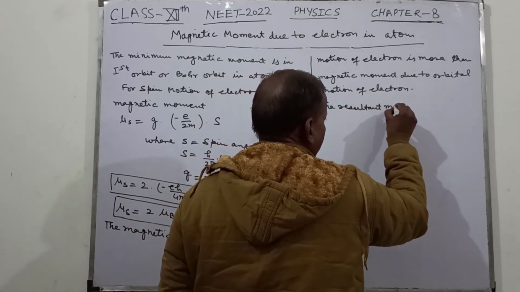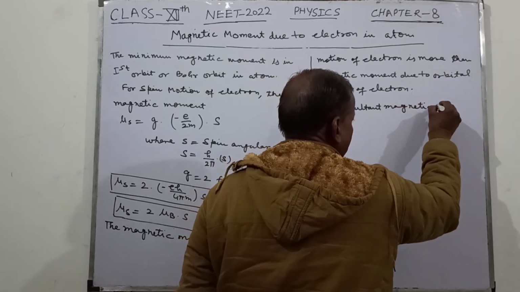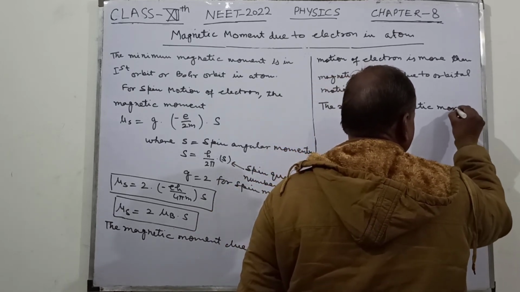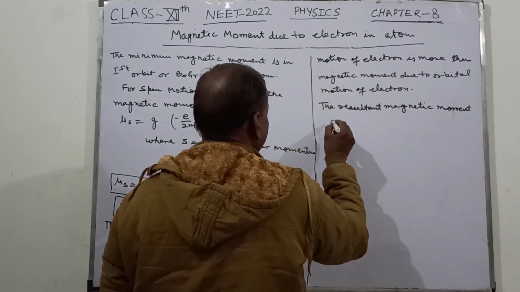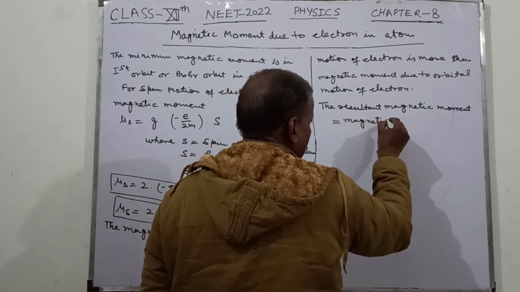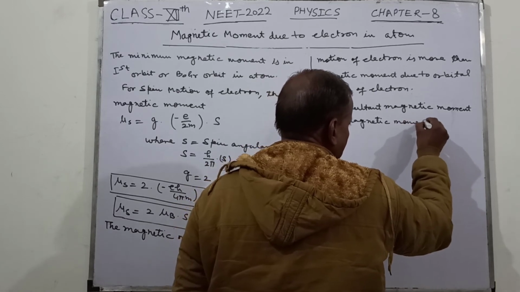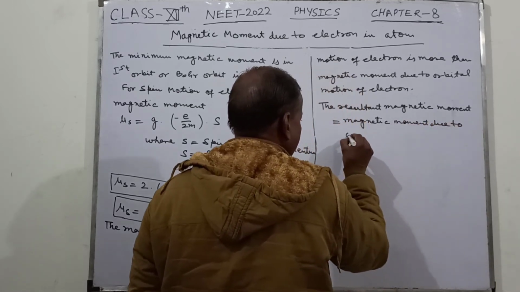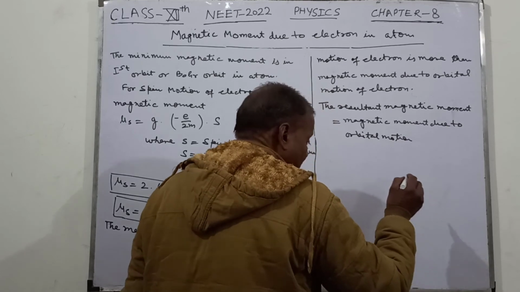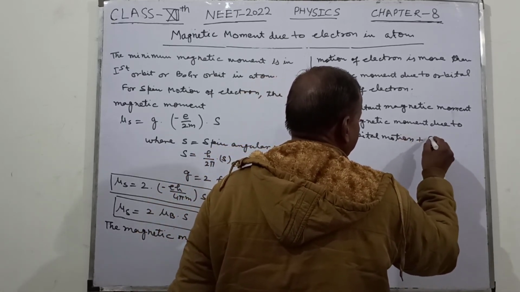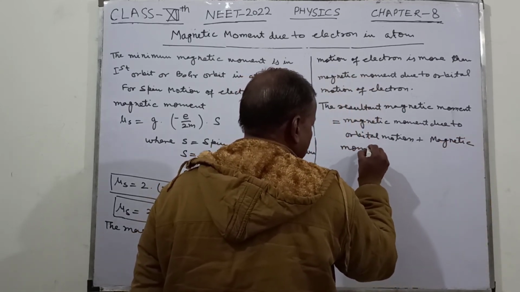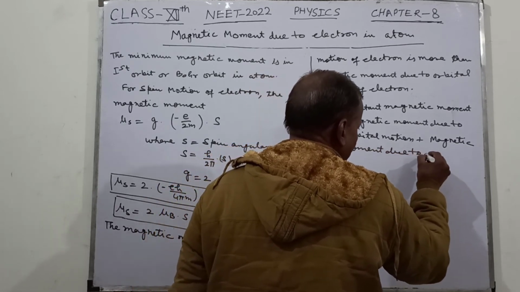The resultant magnetic moment is equal to the magnetic moment due to orbital motion plus the magnetic moment due to spin motion.